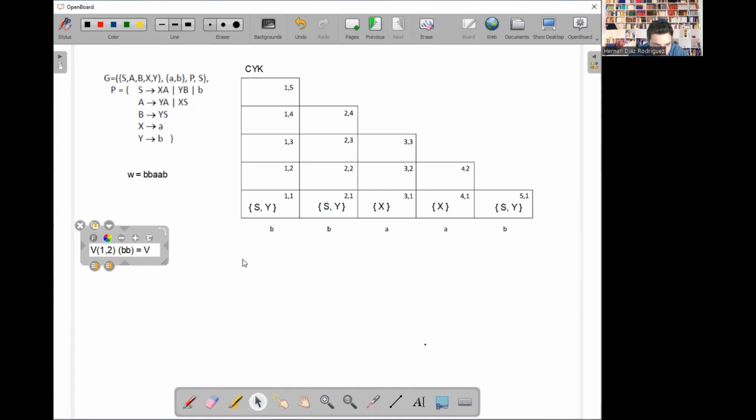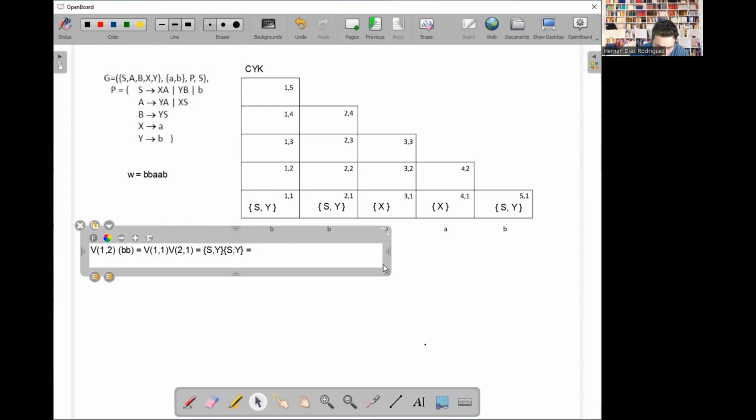So to look into this, I look into the cell that represents the first character, and this is chained with the cell that represents the second character. And what we have on these cells is sy and sy.